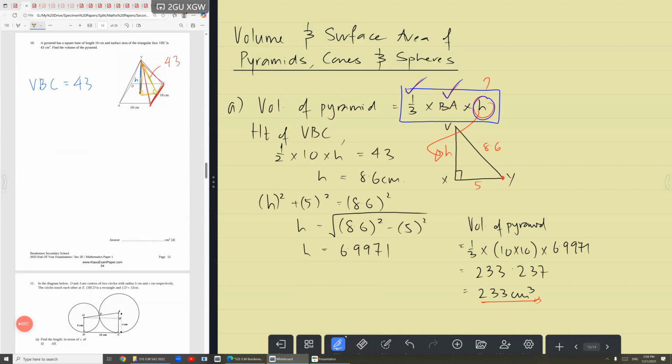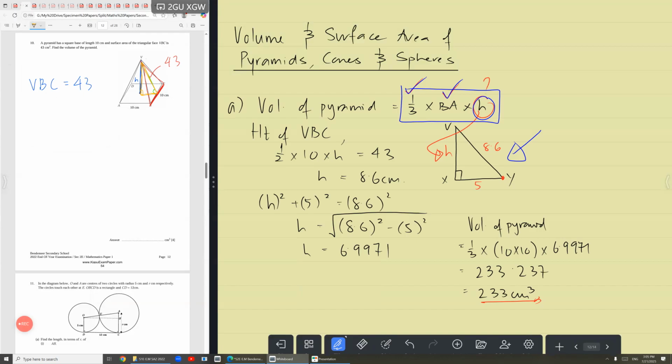So our objective is to find h, which is not given in our diagram. So we go back to our main diagram. The height of the pyramid is obtained by utilizing the area of triangle VBC, which is 43. From the area of the triangle, we can get the length VY as per this triangle here, and from there we apply Pythagoras theorem to get the height of the pyramid.